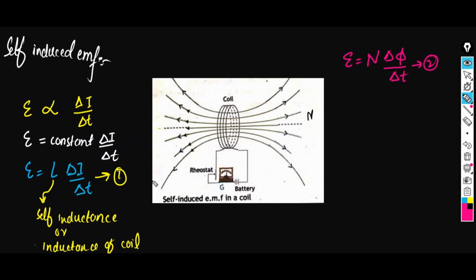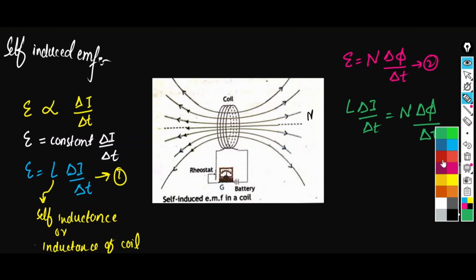The left side of equation 1 and the left side of equation 2 are the same, so the right sides of equation 1 and equation 2 will also be the same. So L del I by del t is equal to N del phi by del t.